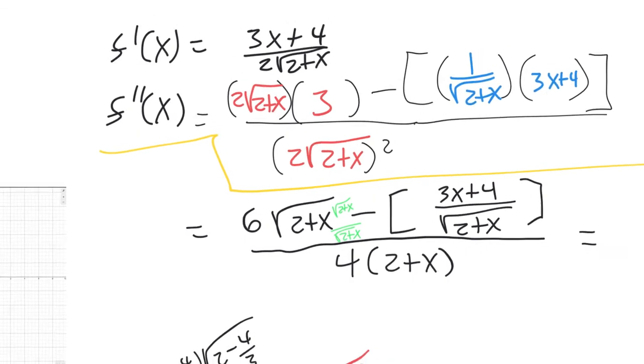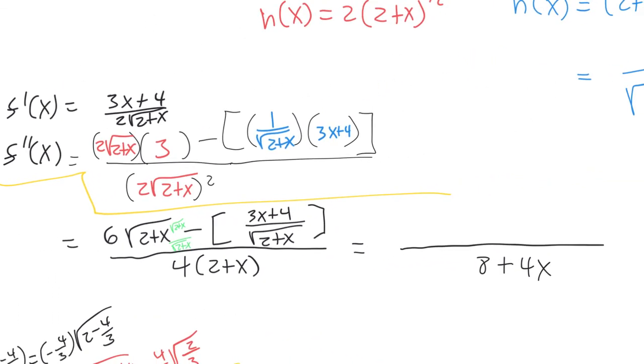In doing so, certainly the common denominator would be radical 2 plus x, so I'll get that over with for now by writing that. I'll extend this a little bit more as well. And then it would become 6 times 2 plus x minus the entire quantity of 3x plus 4.